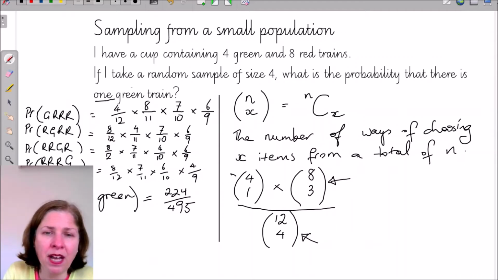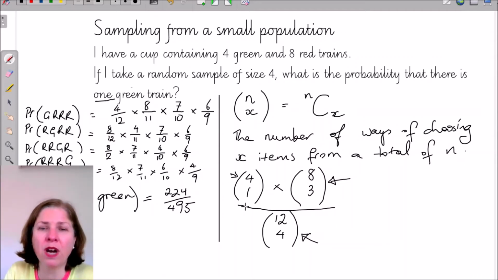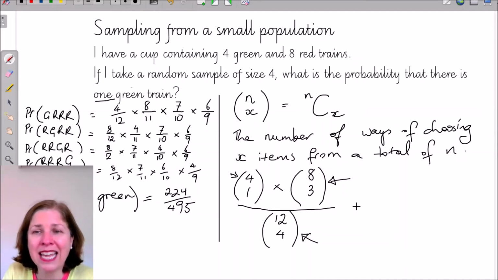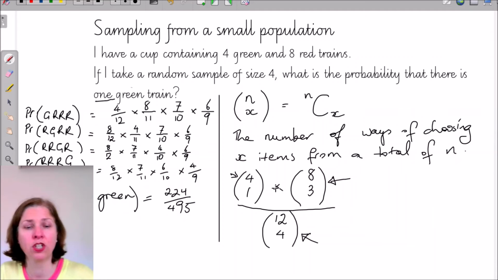And this part here tells me the total number of ways of choosing 1 green from a total of 4 greens. Okay. If I put that into my CAS calculator, I get the exact same answer. I'm going to show you how that looks. Let's open up my CAS again.